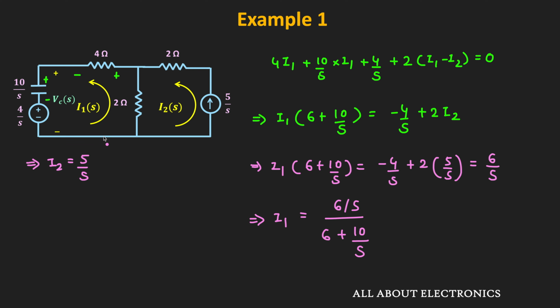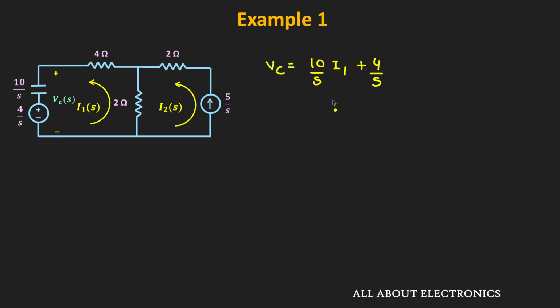Now if you see over here, the voltage Vc of s is the voltage drop across these two elements, and that is equal to 10 divided by s times I1 plus 4 by s. So now in this expression, let us put the value of current I1.